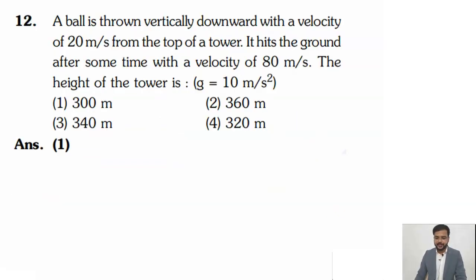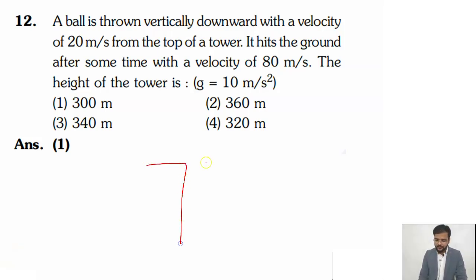Okay, the next question is here. A ball is thrown vertically downward with a velocity of 20 meter per second from the top of a tower. It hits the ground after some time with a velocity of 80 meter per second. The height of the tower is... This question is taken from the kinematics chapter, a very easy question.